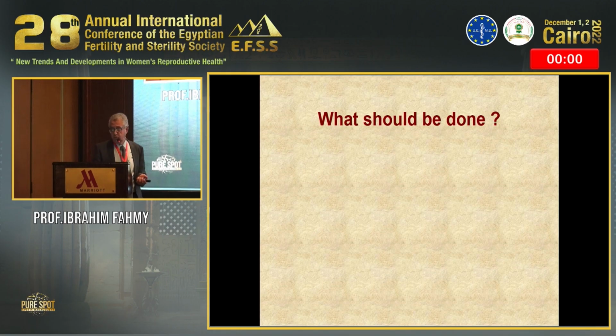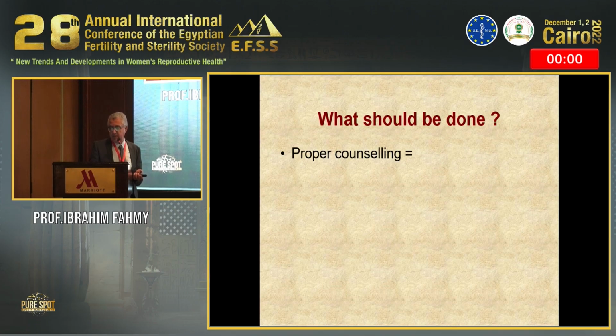So what should we do? We should properly counsel the patient. When we are going to do a sperm DNA fragmentation test or consider TESA, we should talk to the patient and explain what I have said, that it's a little bit debatable, and we may use it because we don't have other options. It may improve the pregnancy rate, but that's not conclusive.